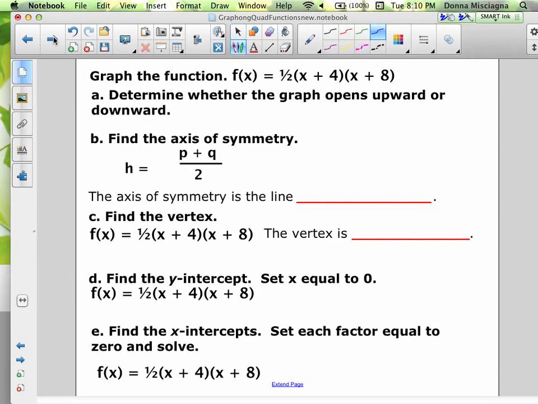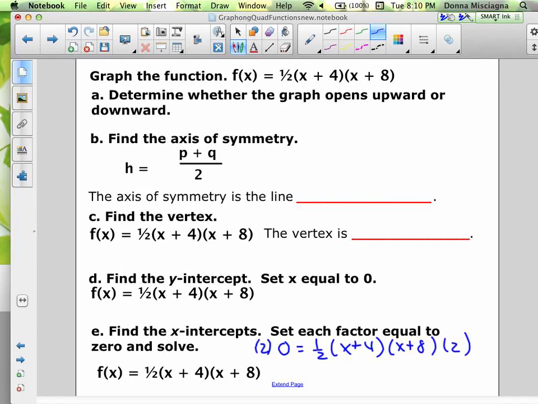All right, so if we set, now notice, remember before when we divided 0 by negative 1, it was still 0. And if you multiply 0 by 2, it's still going to be 0.